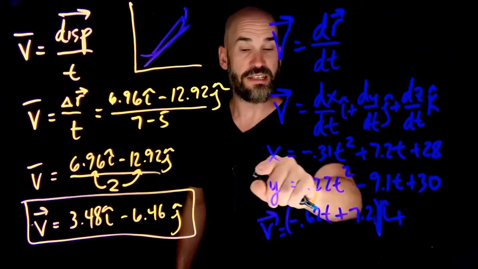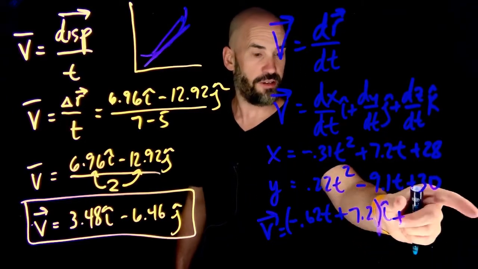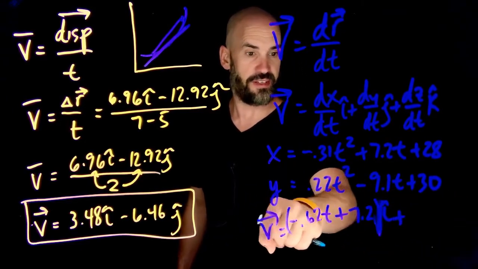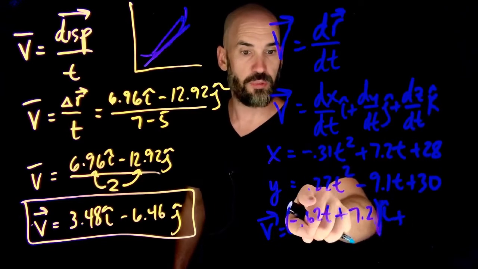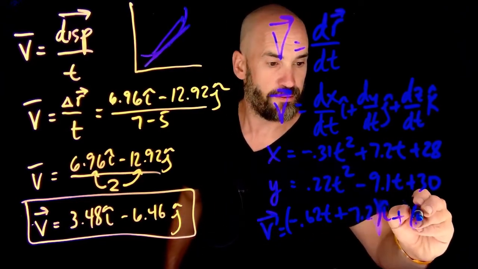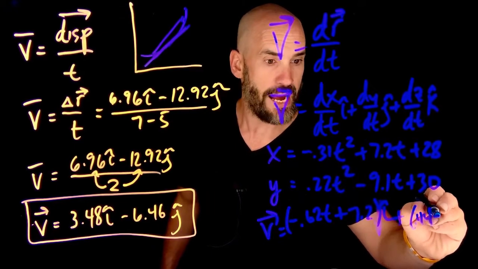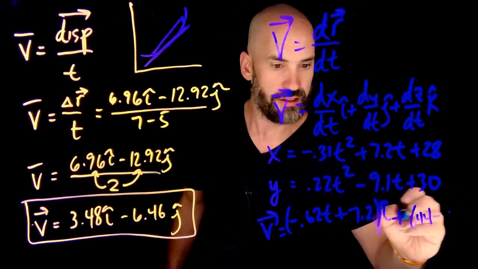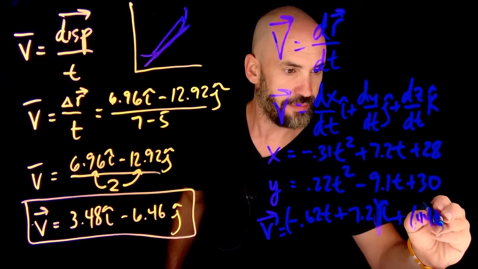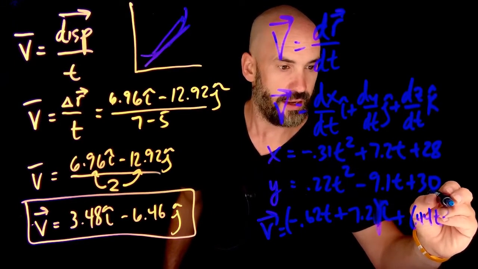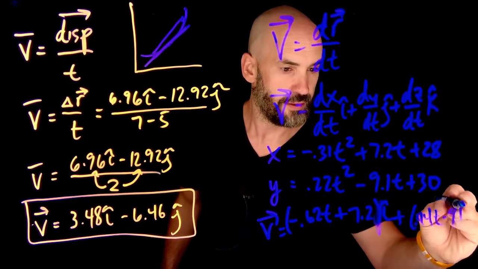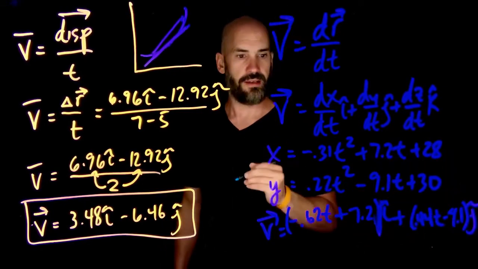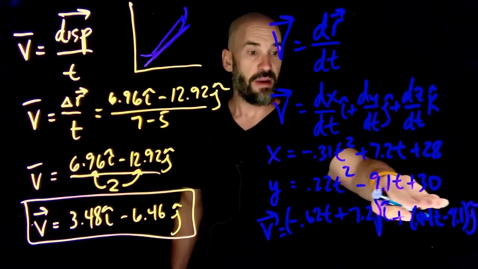I take dy/dt and put it here for the j component of my instantaneous velocity. That's going to be 2 times 0.22, which is 0.44 t, minus the derivative of 9.1t, which is just 9.1. So that's 0.44 t minus 9.1 j. That is my instantaneous velocity.